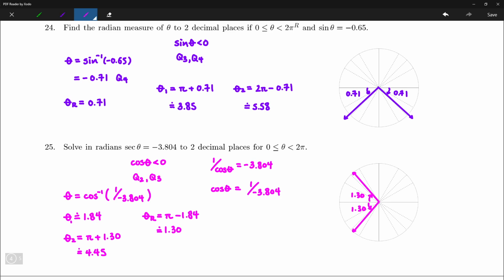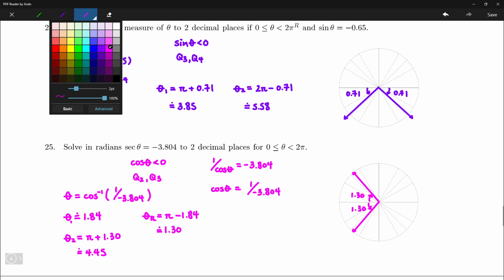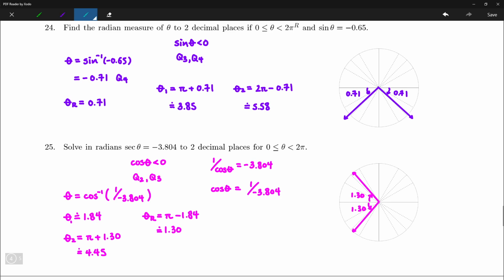Okay, so the other way of doing this question is to instead find the reference angle directly using arc cosine of 1 over just 3.804.